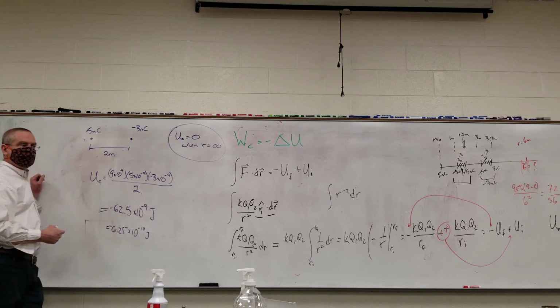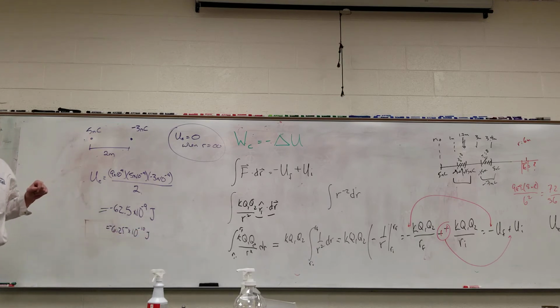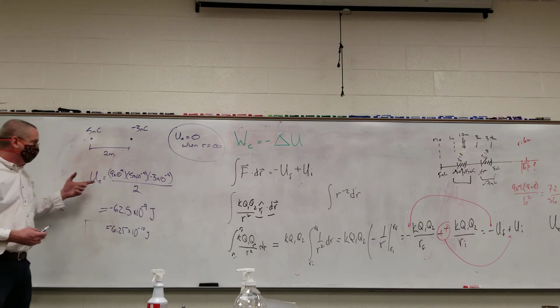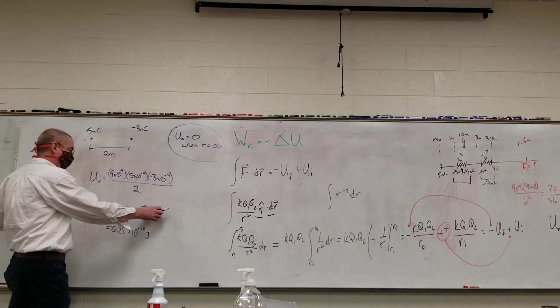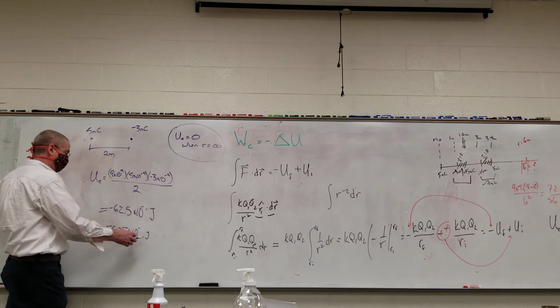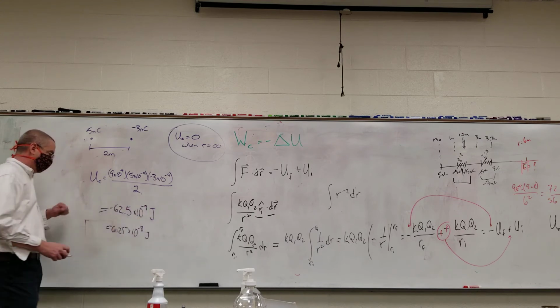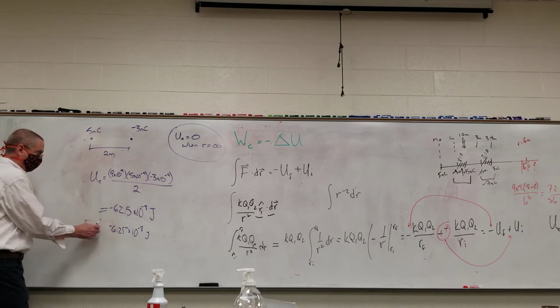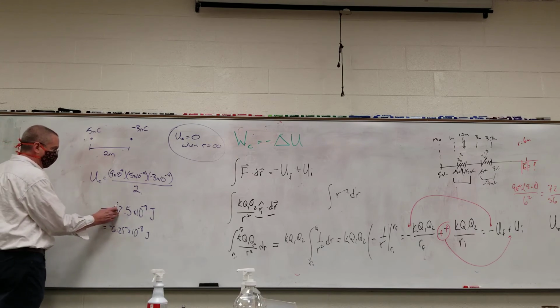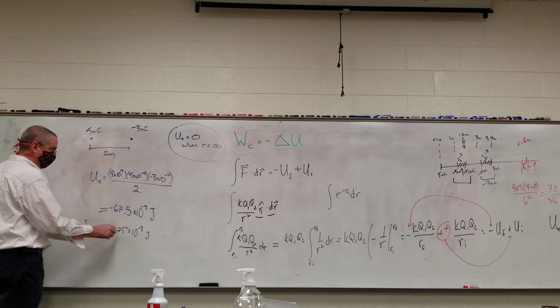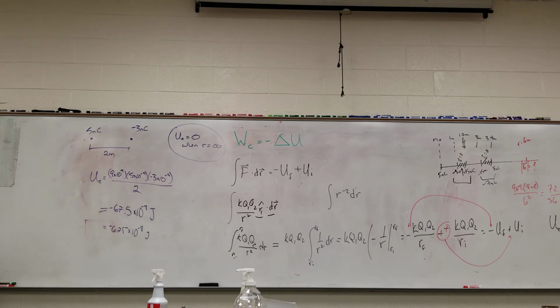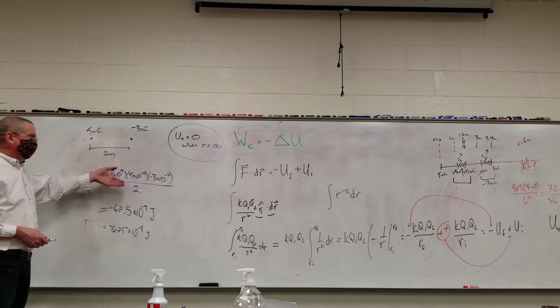I got 10 to the negative 8, so I got -6.75 times 10 to the -8, the wrong way there, and it's 6.75. And it's energy, joules, because I'm dealing with SI units up here.